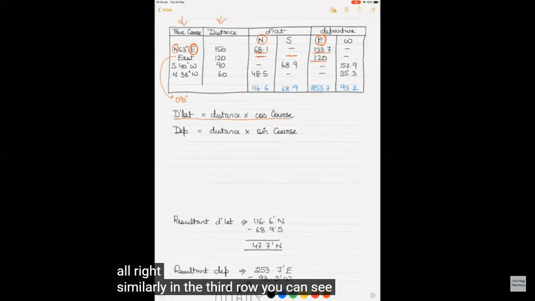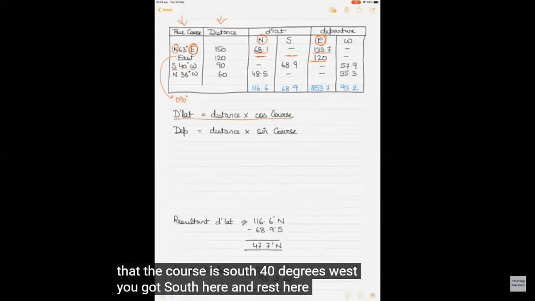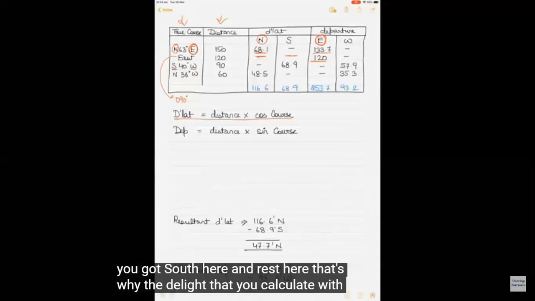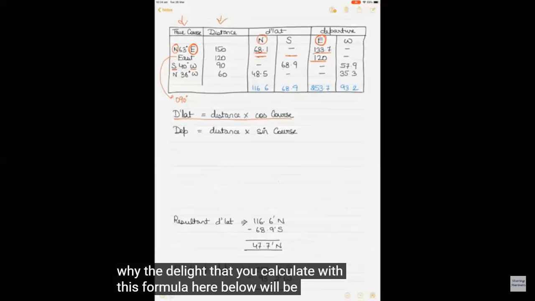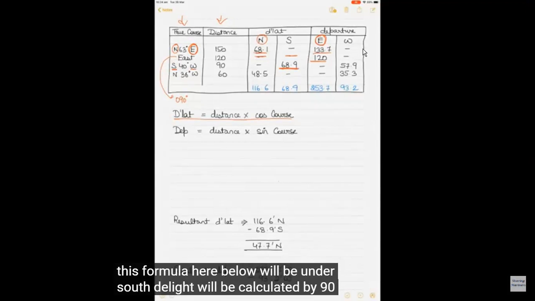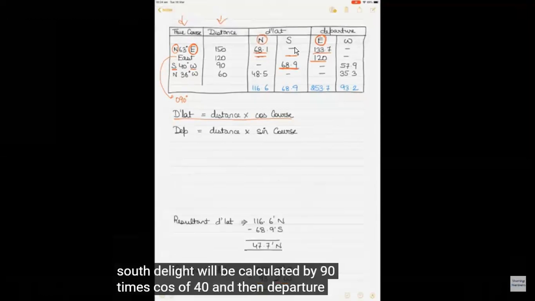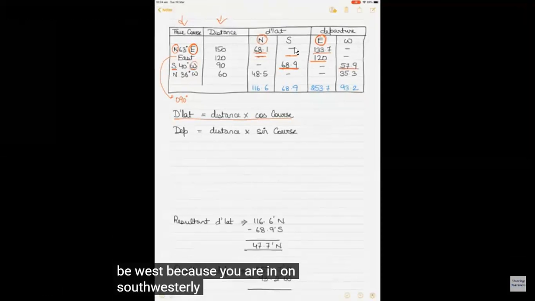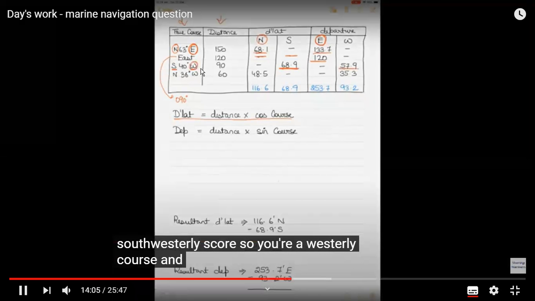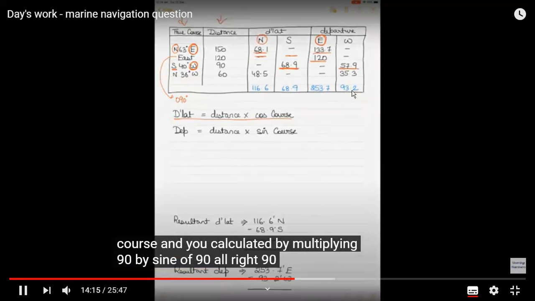Then the third component, course is south 40 degrees west, so distance 90, 90 into cos 40 will be our DLAT, and departure, we are going westerly, so distance into sine 40 will get departure that we have put here.